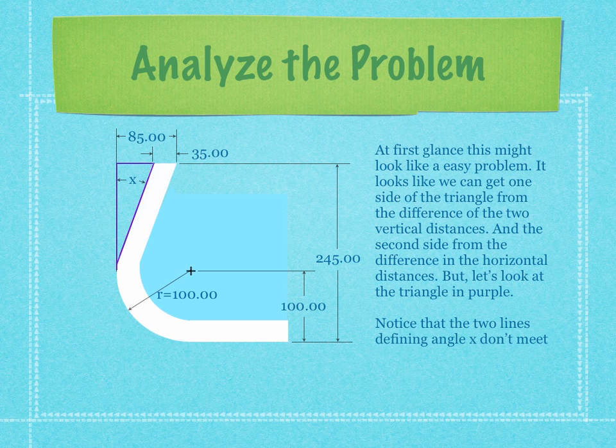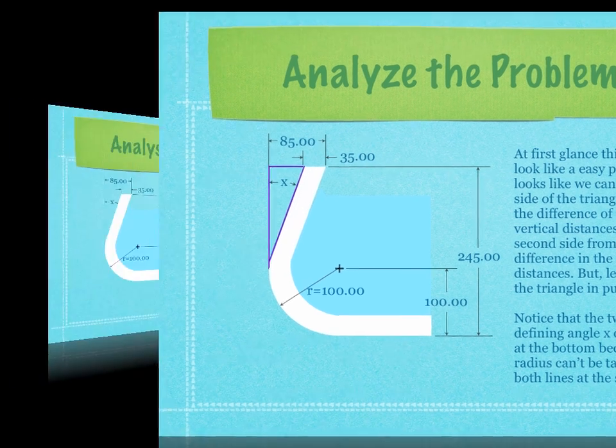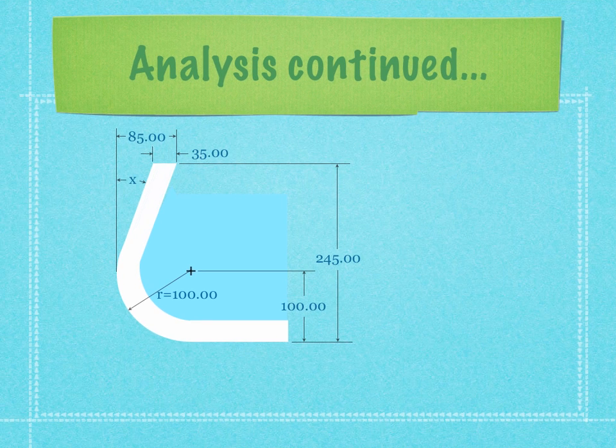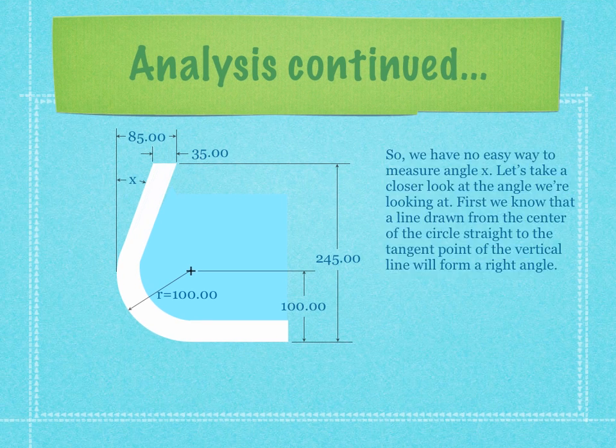Notice that the two lines defining angle x don't meet at the bottom to form a true triangle, because the radius can't be tangent to both lines at the same spot. So there's no easy way to measure angle x directly.